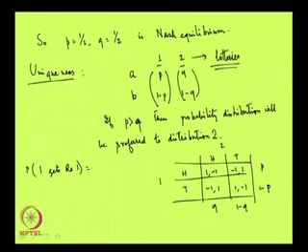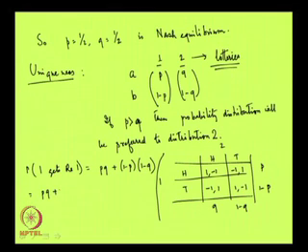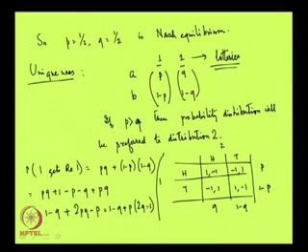Now, this again occurs if HH occurs or TT occurs, and the probability of those two occurring are PQ plus 1 minus P times 1 minus Q. And if I simplify this, this is what I get: 1 minus Q, plus 2PQ, minus P. So, this is the probability that player 1 gets 1 rupee, it is 1 minus Q plus P multiplied by 2Q minus 1.